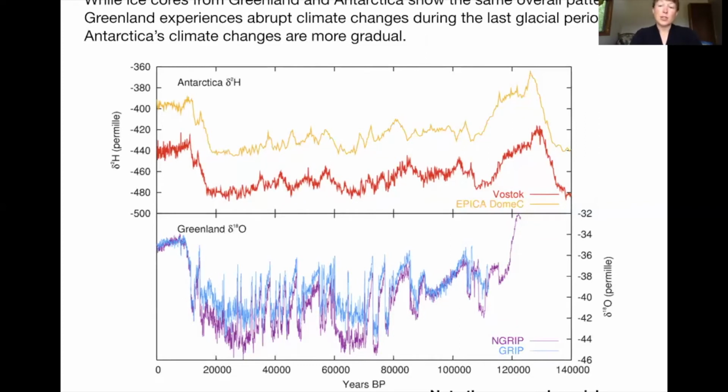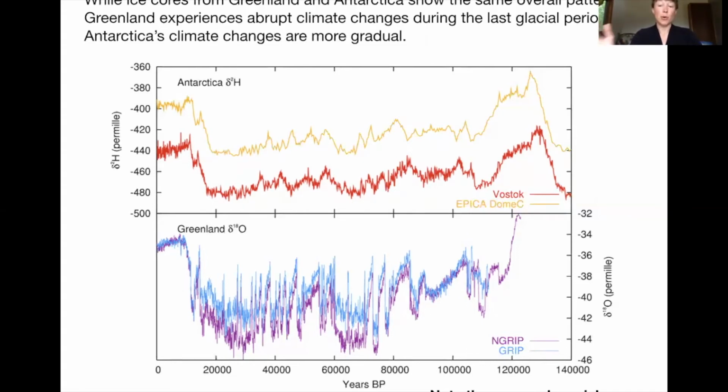All right, so let's look now at the details. So overall, Antarctica, shown in the upper panel from 2 different ice cores, and Greenland, showing 2 cores from Greenland in the lower panel, they follow the same general patterns. So around 130,000 years ago, both hemispheres were pretty warm. That was our last interglacial period, so time in between the ice ages.